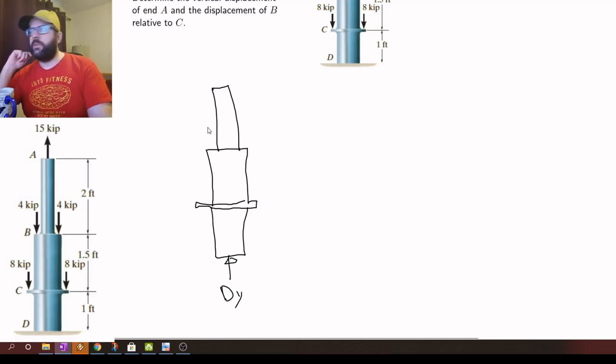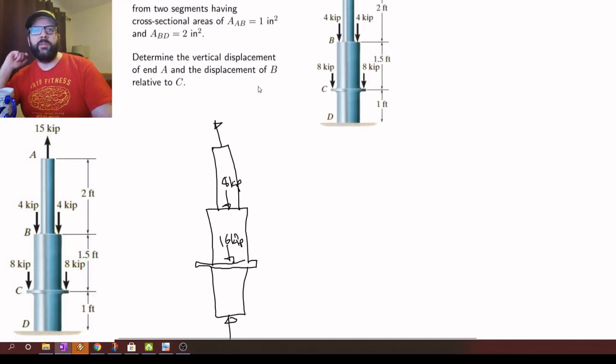I'm going to go ahead and take this 8 kips that is going on there. I'm just going to combine those. It's on either side. We can combine them into a resultant in the middle, that's 16 kips. We can do the same thing with 4 kip into 8 kip. And then we're pulling upwards here with 15 kips.